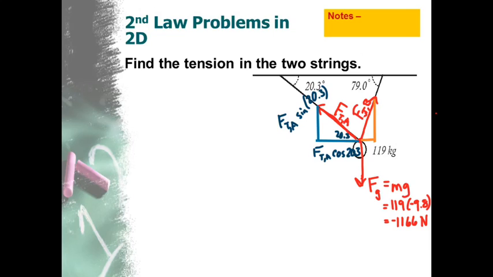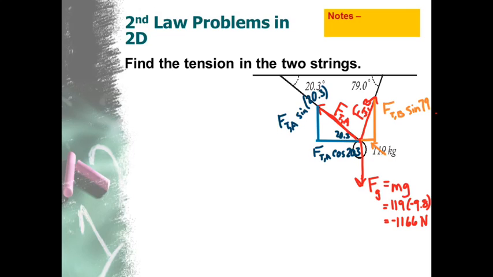Okay, I was wondering if there's a way I could zoom in. Okay, this is the force due to tension in B times, since this is opposite, this would be sine of 79 degrees. And this one down here, let's not put the arrow there.